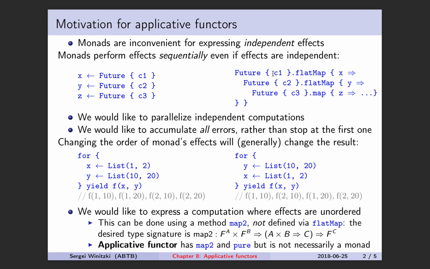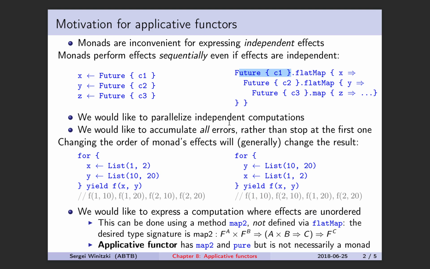Now, in this example, like I said, C1, C2, and C3 are just some fixed computations that don't depend on the values computed previously. If we do have this dependency, then of course there's no way except to wait until each previous computation is done. But in case they're independent, we would like to be able to compute them in parallel.